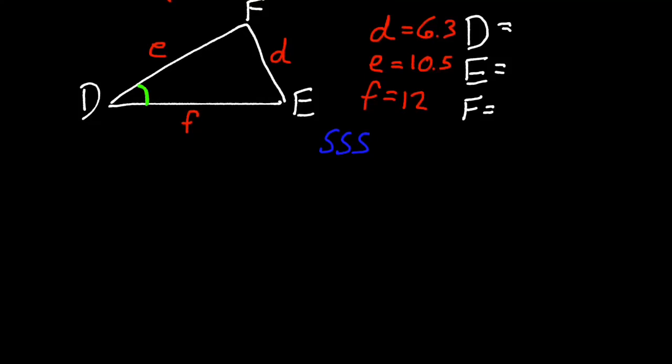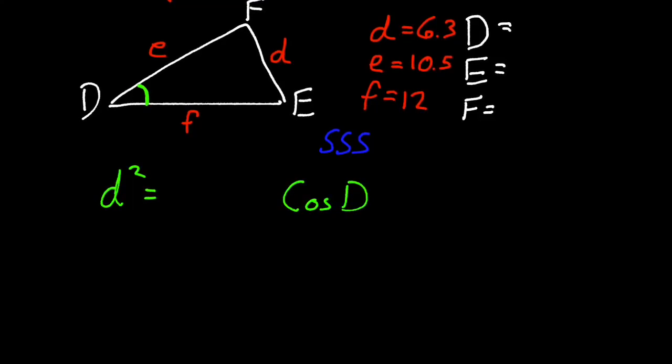Well, when we did all three formulas before, we always started off with the side opposite the angle we had. So our formula this time is going to start off with d squared equaling, and then there's going to be some stuff here, and at the end it's going to be the cosine of d.